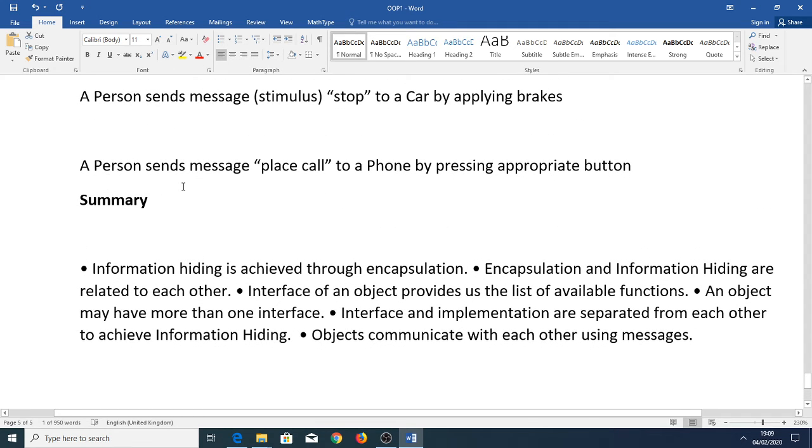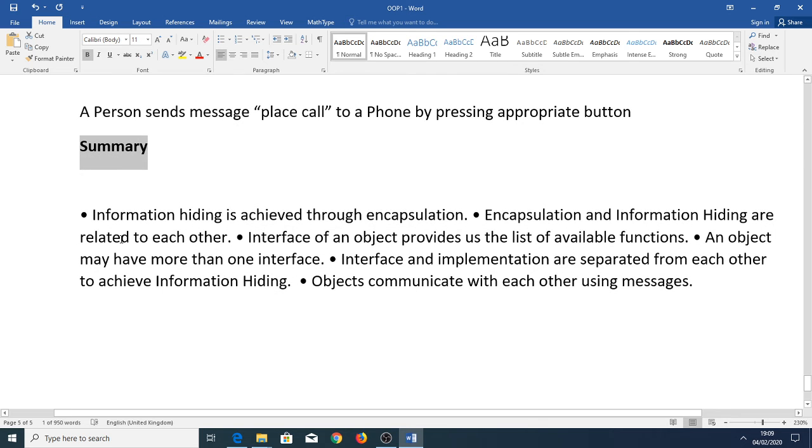So we have completed our second lecture. Now let's look at the summary. I have created the summary of topics that we have covered in this lecture. Number one, information hiding is achieved through encapsulation. Number two, encapsulation and information hiding are related to each other.